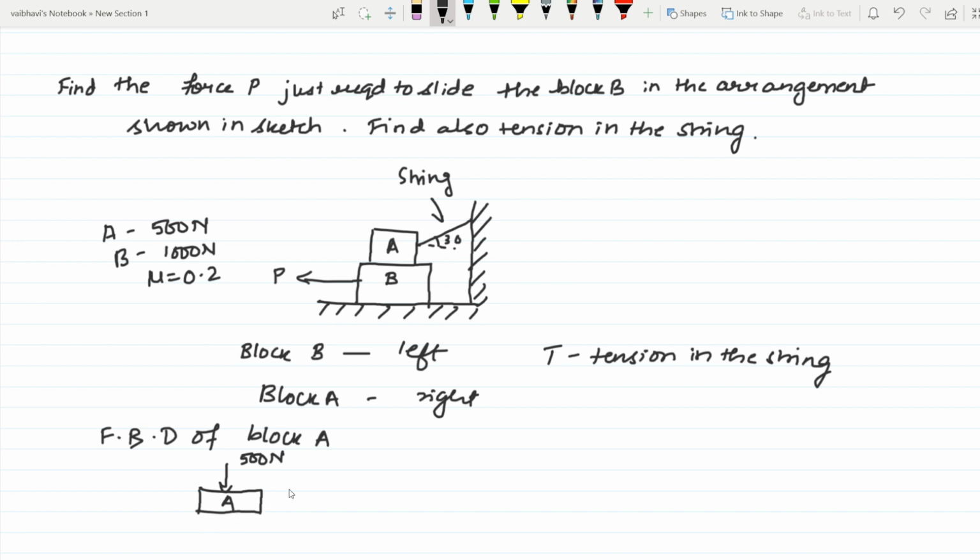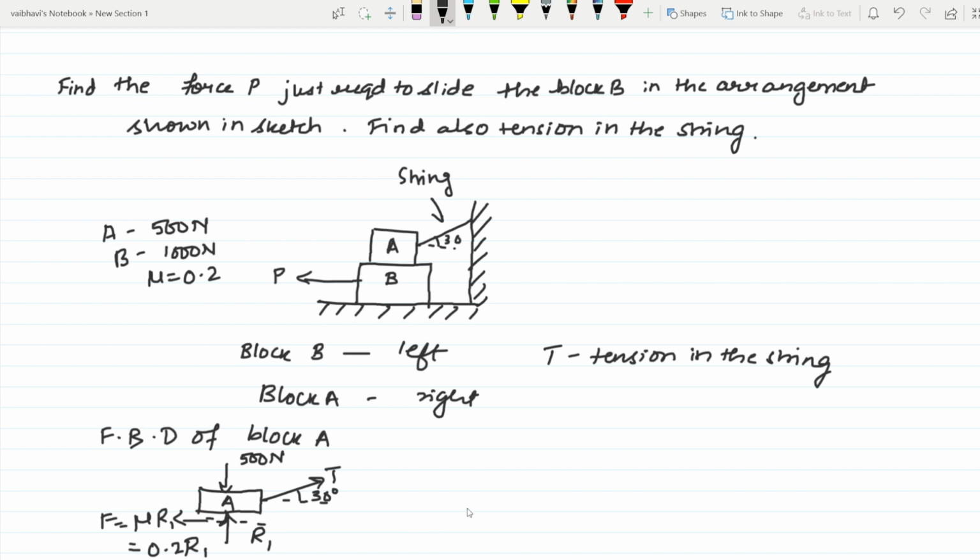Here there is a string with tension T, acting at an angle of 30 degrees. The normal reaction, let it be R1, and the frictional force F equals mu into R1, that is 0.2 R1.